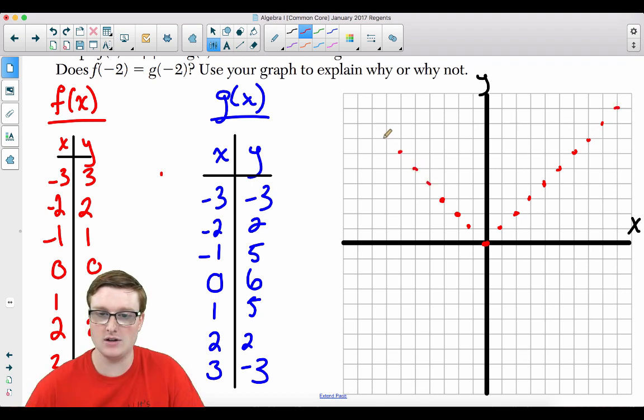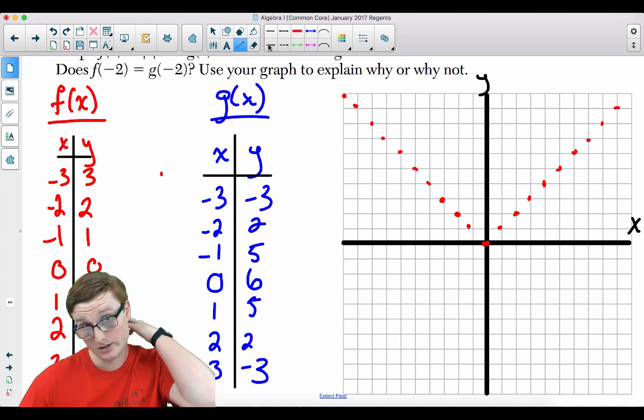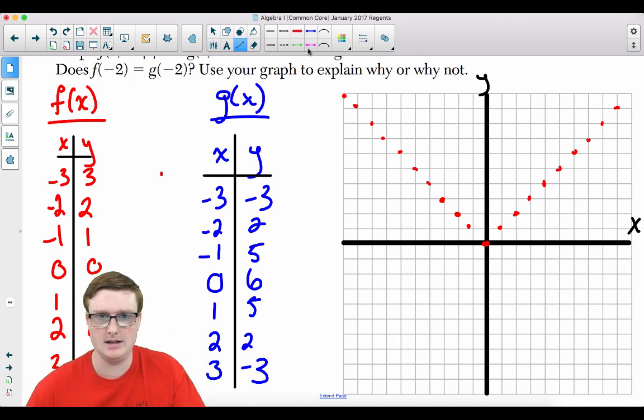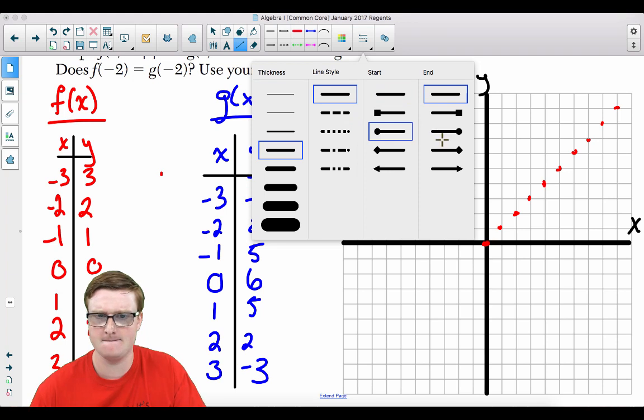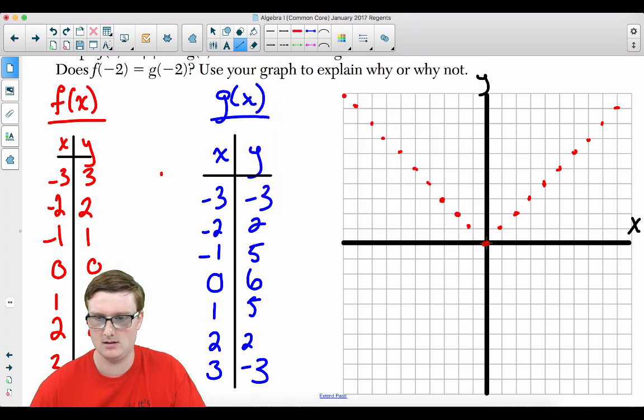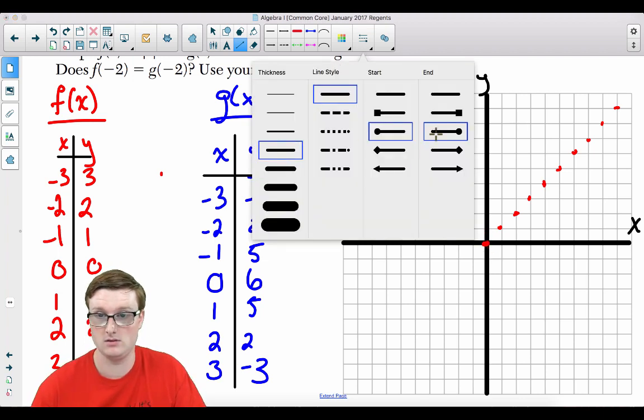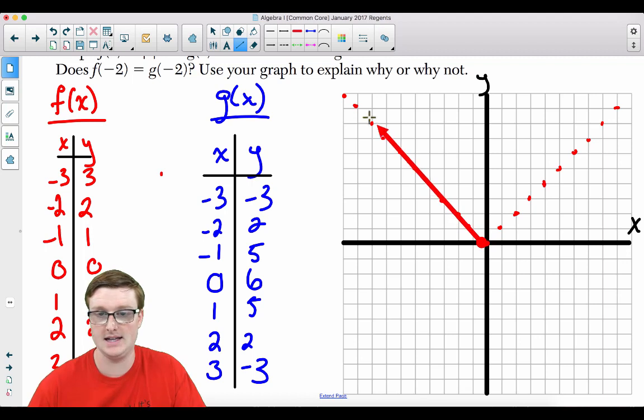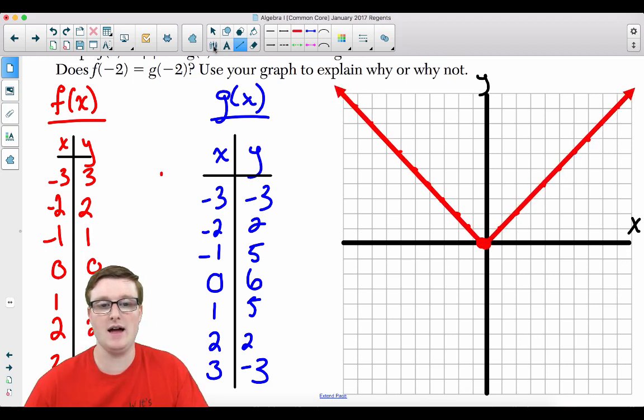Make sure that you have arrows on the ends of the absolute value graph as well. So, let's see here. I'm going to do it in red. Oh, that is way too big. Hold on one moment. That's better. Okay, so that's your absolute value function.